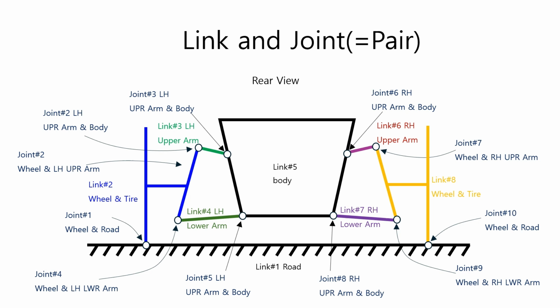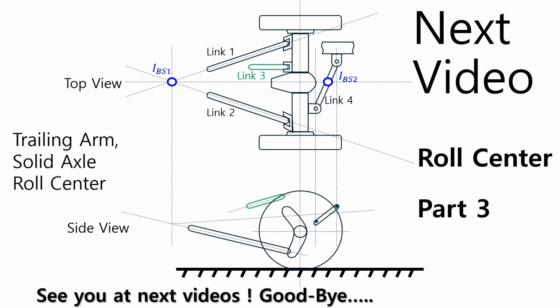In my recent video, H0069, I explained the theory of kinematics as the first part of vehicle roll center and how to find the instant center using the Aronhold-Kennedy theorem. The following video will explain how to find the roll center of a vehicle, roll center part 3, a trailing arm suspension and a solid axle suspension.